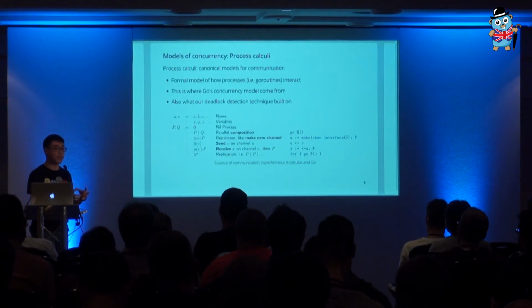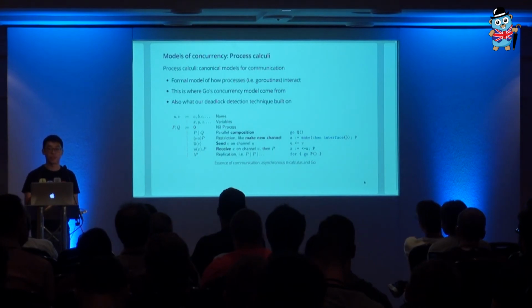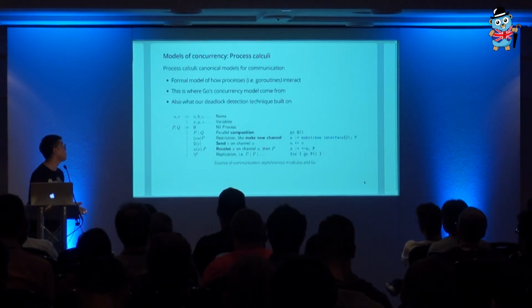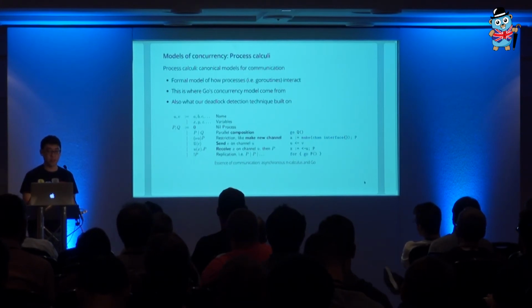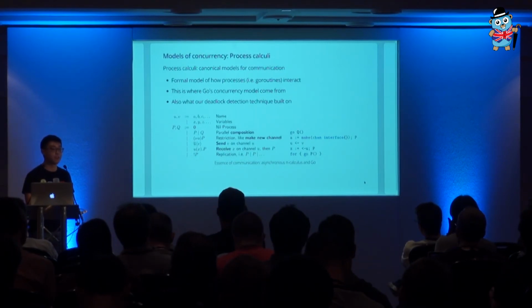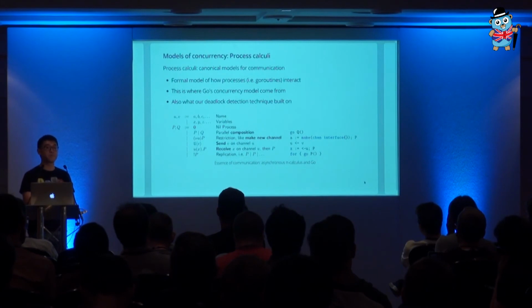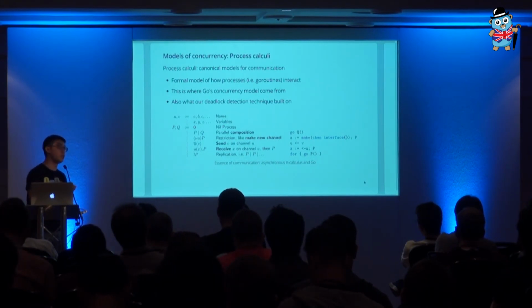So we represent models of communication as an interaction between processes, or in this case, interactions of Go routines. This is where Go's concurrency model comes from, and this is also where we build our deadlock detection technique on. That's why it's very close to what you would do in Go.